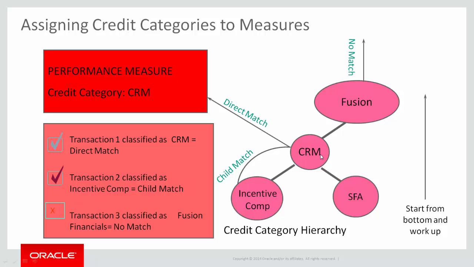And so even though your name might be stamped on the transaction saying you received credit for selling Fusion Financials, in reality, you don't get credit because it's not aligned with your compensation plan. So again, this is how credit categories are the trigger that map together what is on the transaction with what's going to be associated or credited to the individual for calculation purposes.